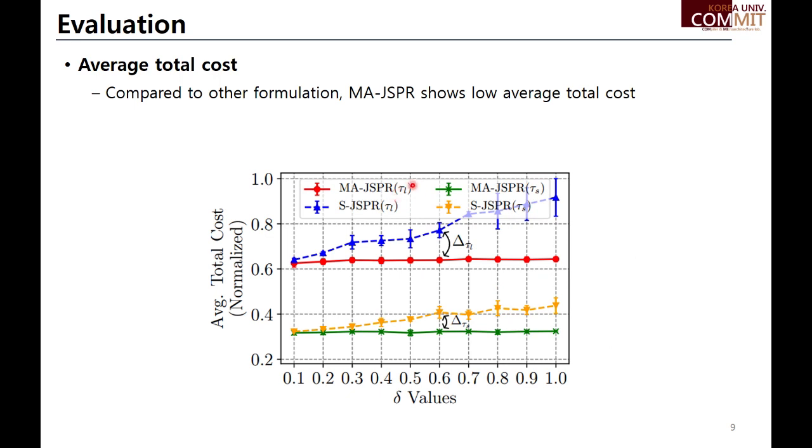Short time travel and long time travel. As you see, in TL, compared to S-JSPR, MA-JSPR has a low average total cost. And also in short time travel, MA-JSPR is always lower than the average total cost of S-JSPR.